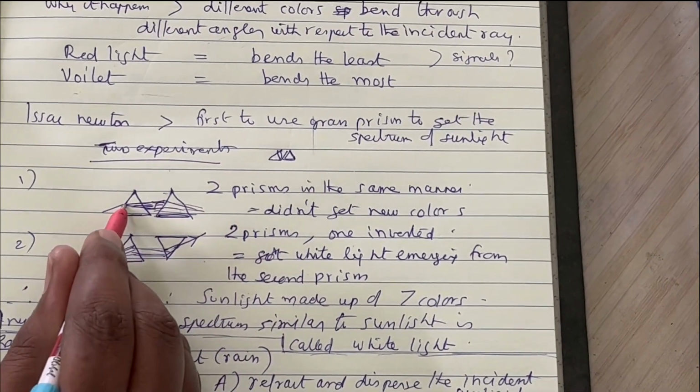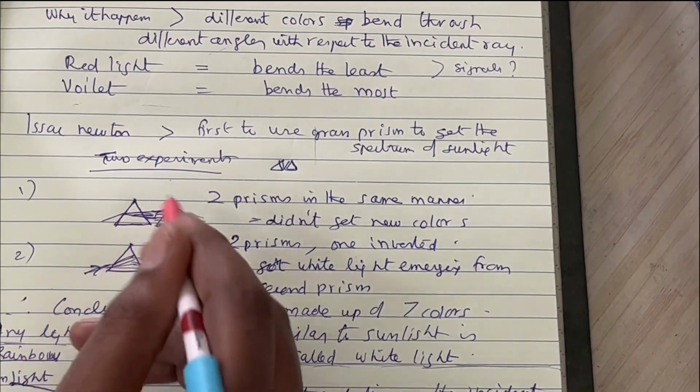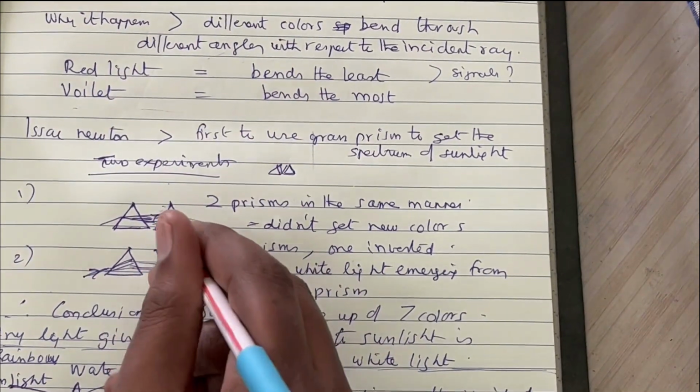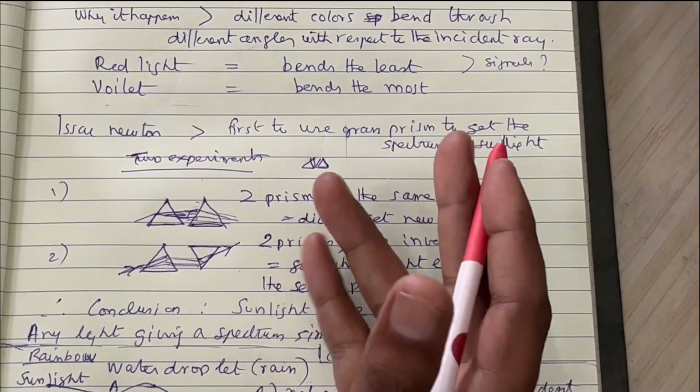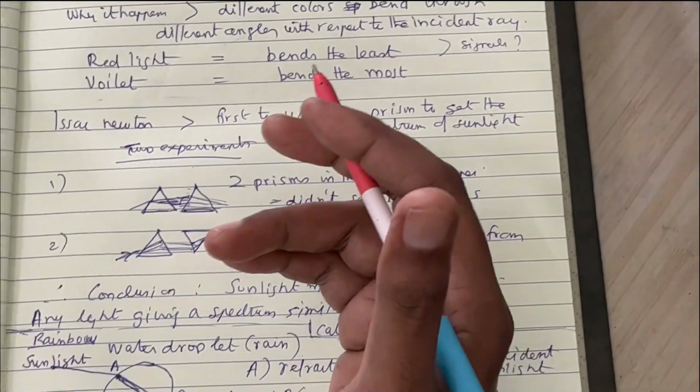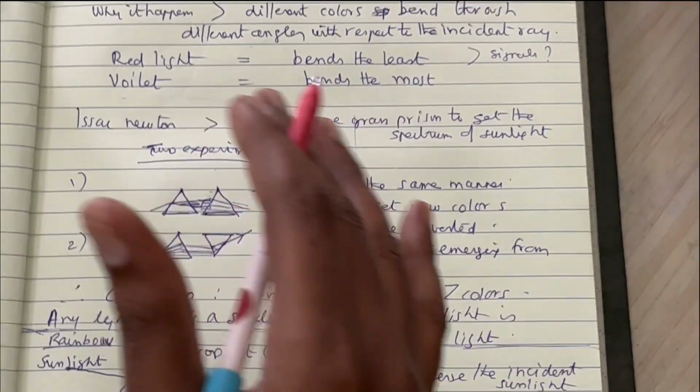Naturally there was refraction, then dispersion of colors. The dispersed colors passed through the second prism, but nothing happened. He only saw the same colors coming out as the emergent rays.